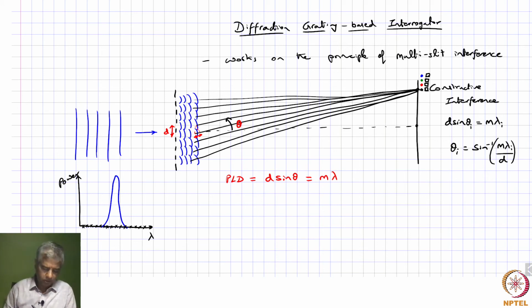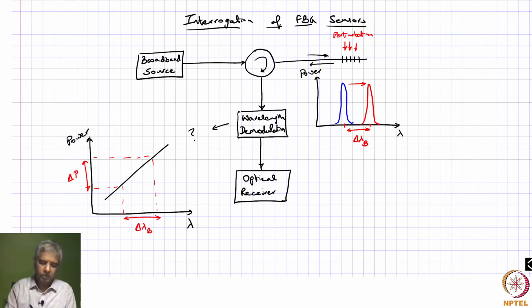And it is important to understand that in all of this, the key is that you have a broadband source that illuminates the entire possible spectrum that you are expecting as far as the sensor is concerned, because for example, the sensor may be multiple concatenated gratings, and even in that sort of scenario, you have a very large spectral content, very wide spectral content that is coming to the wavelength demodulator.